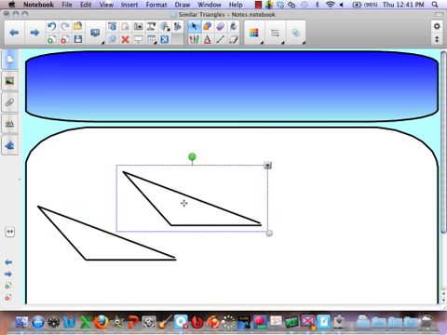What can you tell me about these two triangles? Exactly the same. So my sides are the same. And what about my angles? Angles are also the same. Therefore, they are, what's that word?